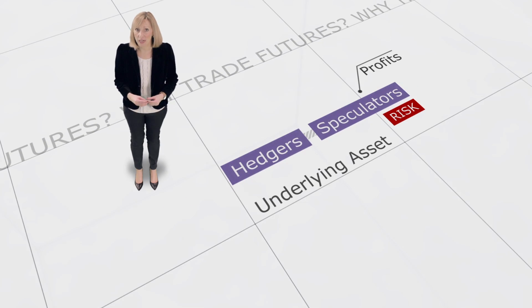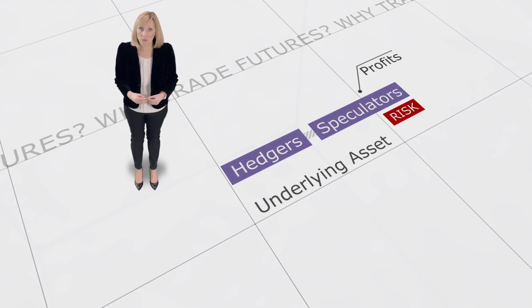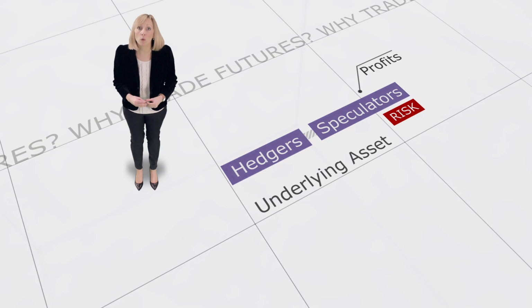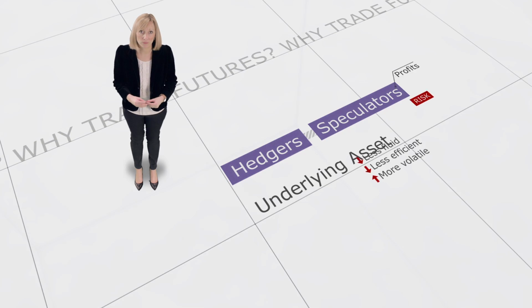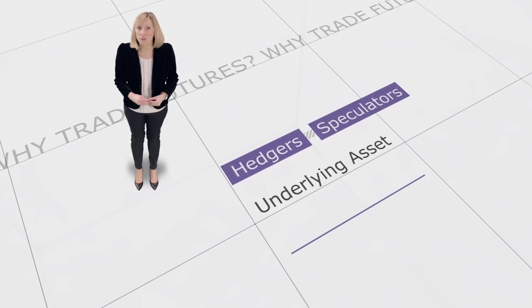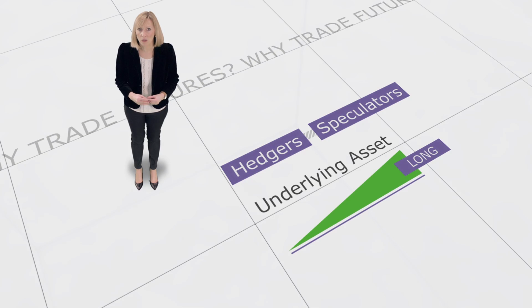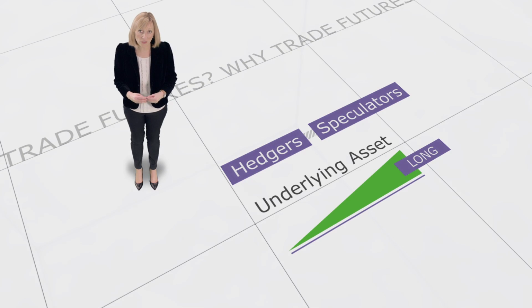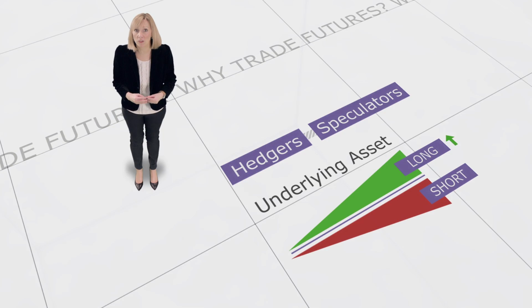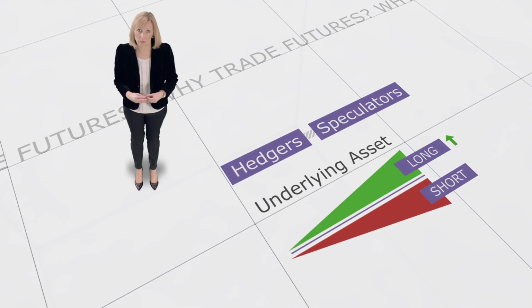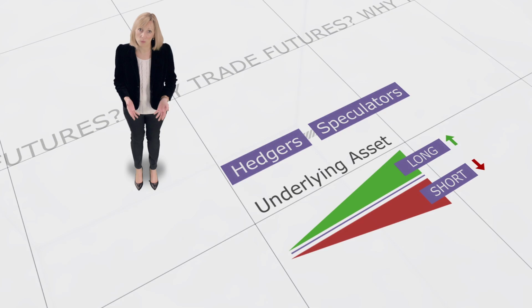Without them bridging the gap between buyers and sellers with a commercial interest, the market would be less fluid, less efficient and more volatile. Futures speculators take a long futures position when they believe that the price of the underlying asset will rise. They take a short futures position when they believe that the price of the underlying asset will fall.